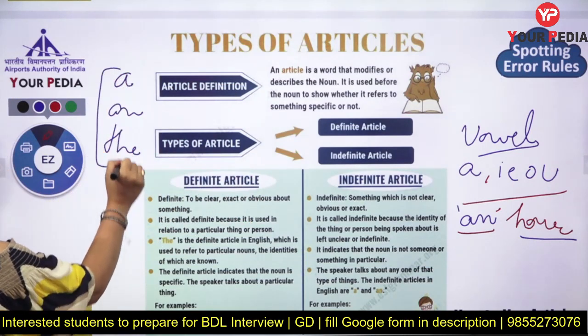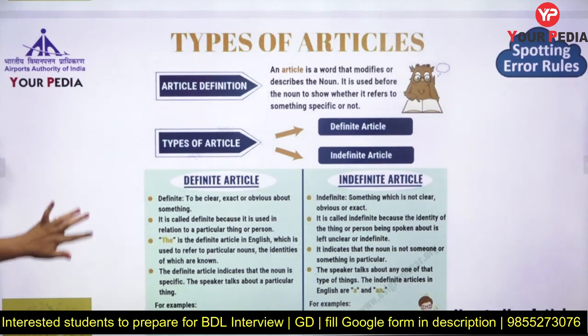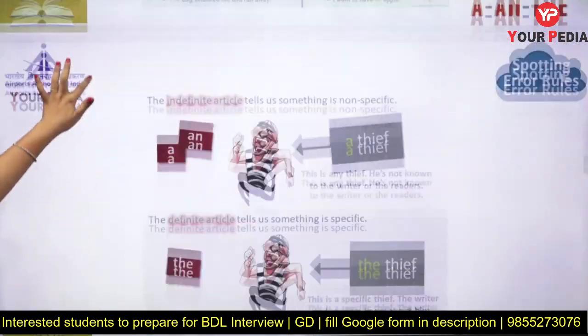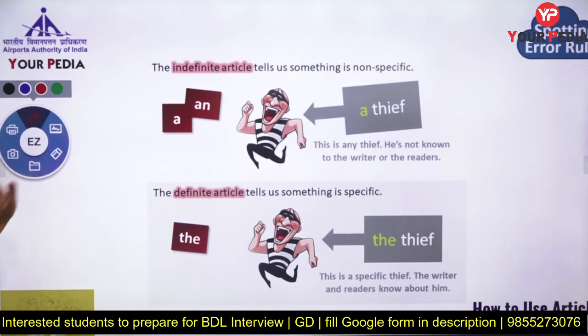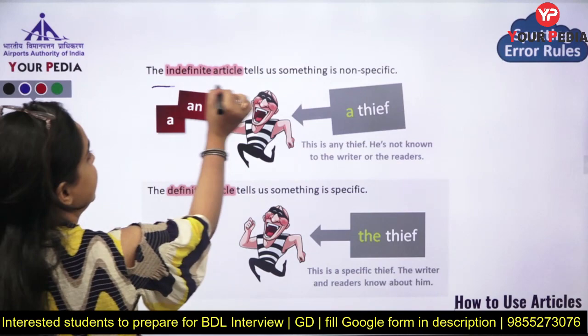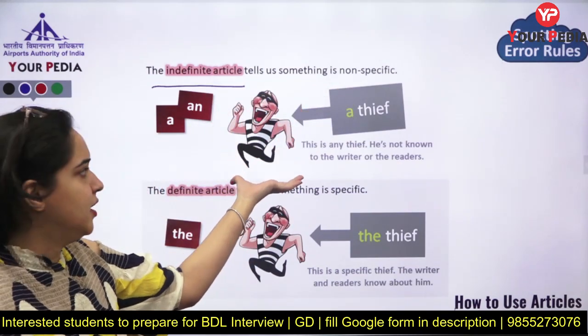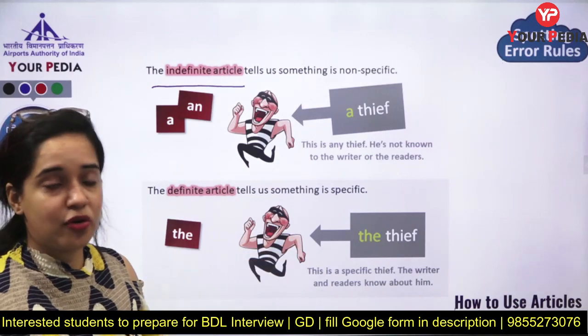Now you are aware of the difference between a, an and the. Let's move to the next slide of ours. Here also I am categorizing the difference between definite and indefinite. The indefinite article tells us something non-specific, like a thief. We are not sure which thief we are talking about.